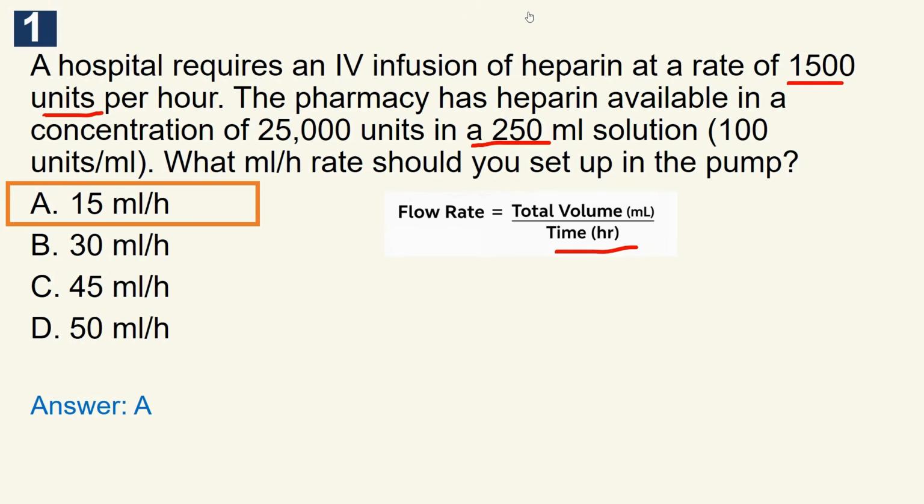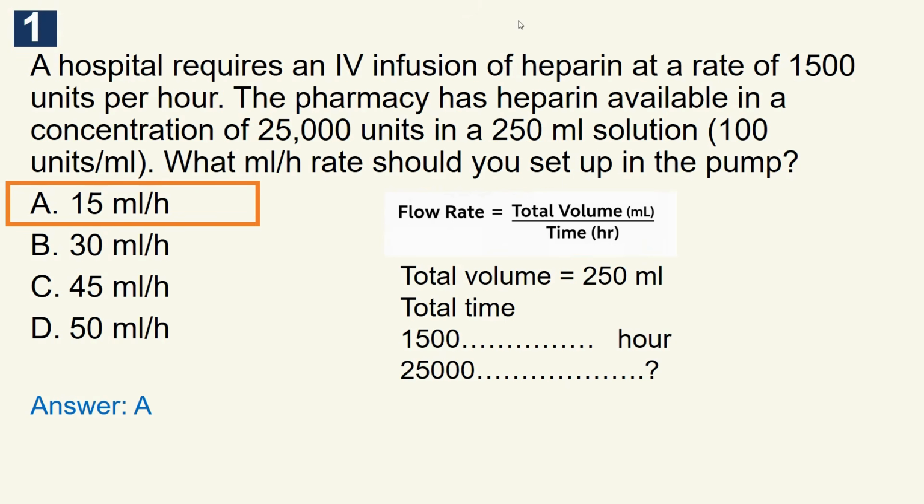First step, identify total volume, that is 250 mL. Then time: here it says 1500 units per hour, but you have total units of 25,000 units. So how long does it take for 25,000 units, which is 250 mL?